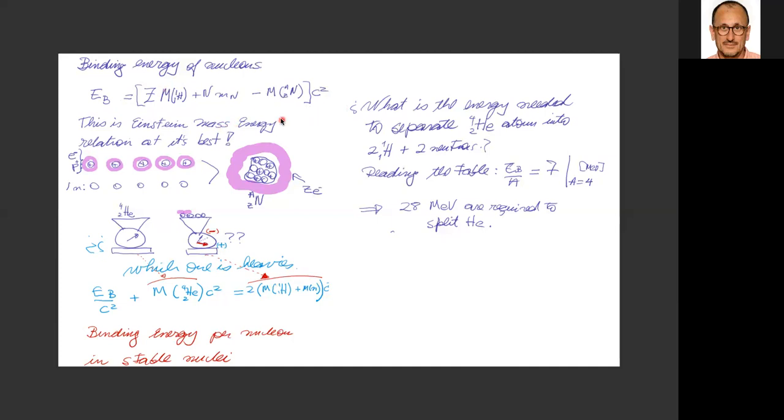Let's say, and this is what I'm trying to explain to you now. We have this atom that is formed by the electrons, which is the sort of pinkish thing around each one of the Z protons that I have here, and then I have the neutrons.